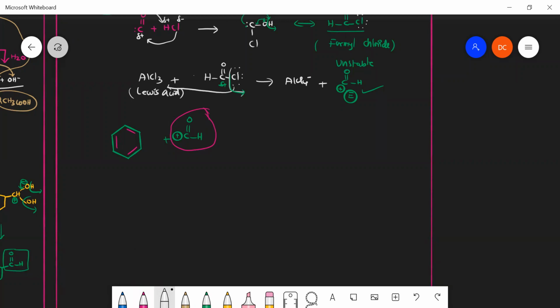Because the double bond is there. A single bond is a sigma bond; a double bond has one sigma bond and one pi bond. The pi bond is weakly held, so you can easily cleave the electron and use it to form a bond. So now this electron will be shifted over here. Now what will be our next step?